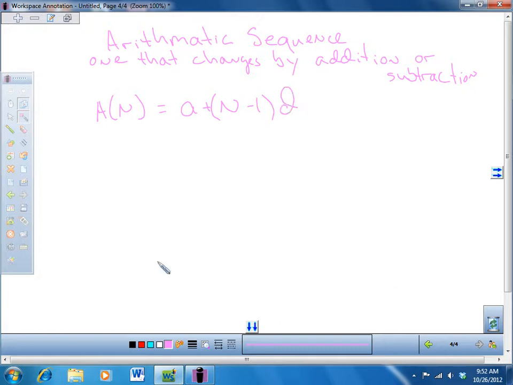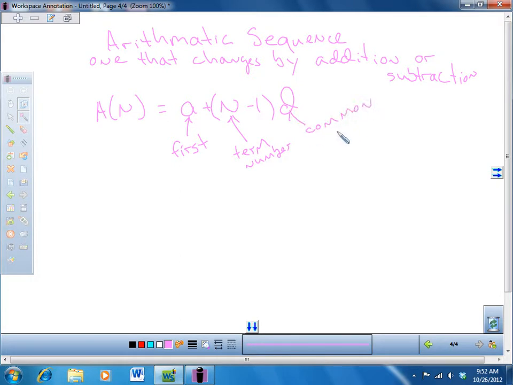What does this mean? A is the first term, n is called the term number, and b is called the common difference.